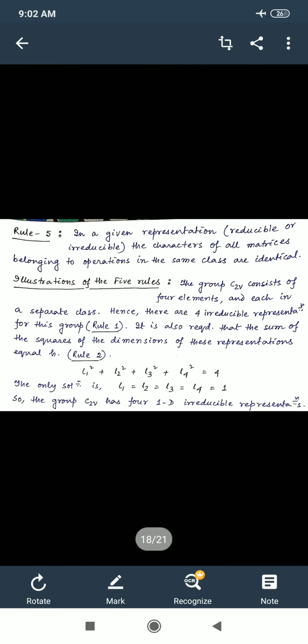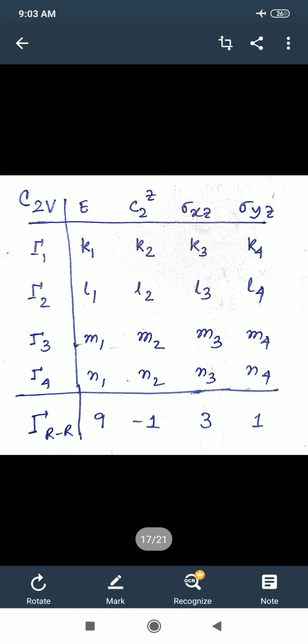So for this, I have to write in the character table that if the number of symmetry operations is 4, for example C2V has E, C2Z, sigma xz and sigma yz, the number of irreducible representations should be 4.